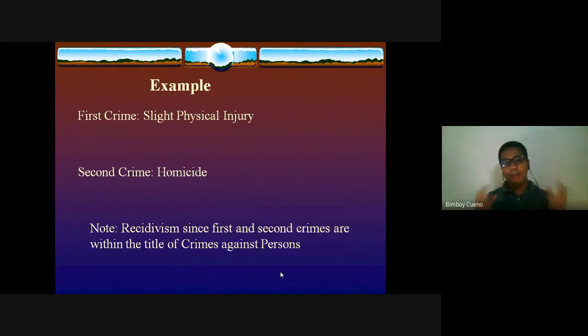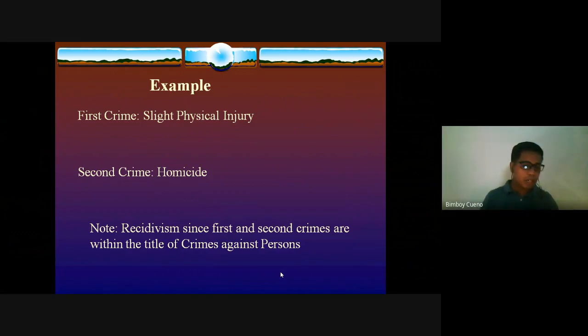But in example number two, the first crime is slight physical injury, but the second crime is homicide. So again, if we compare these two crimes, slight physical injury and homicide are crimes that are clustered under one title, and the title is crimes against person.